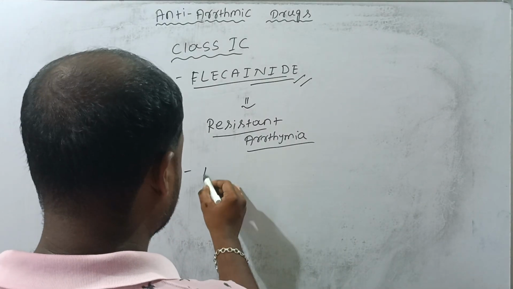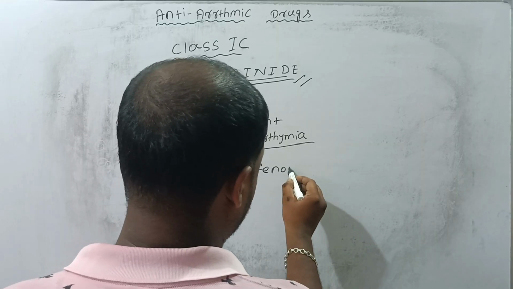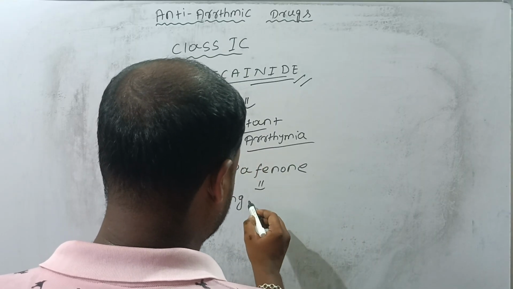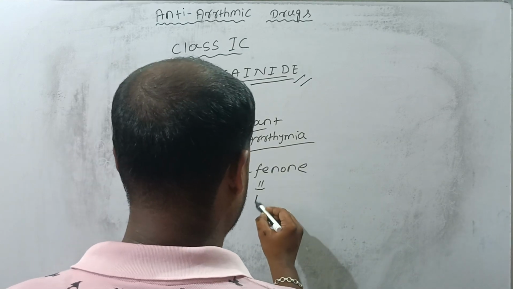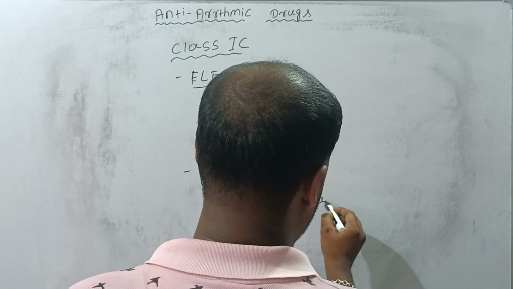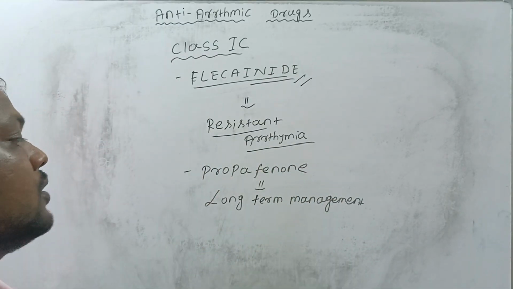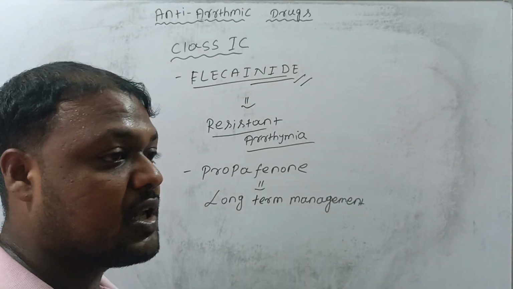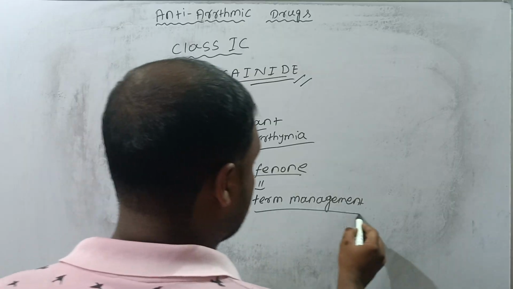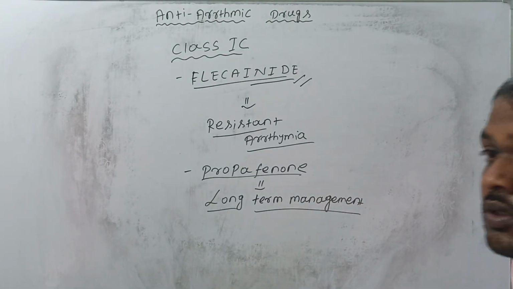Then another one is propafenone. Propafenone is used in the long-term management of arrhythmia.